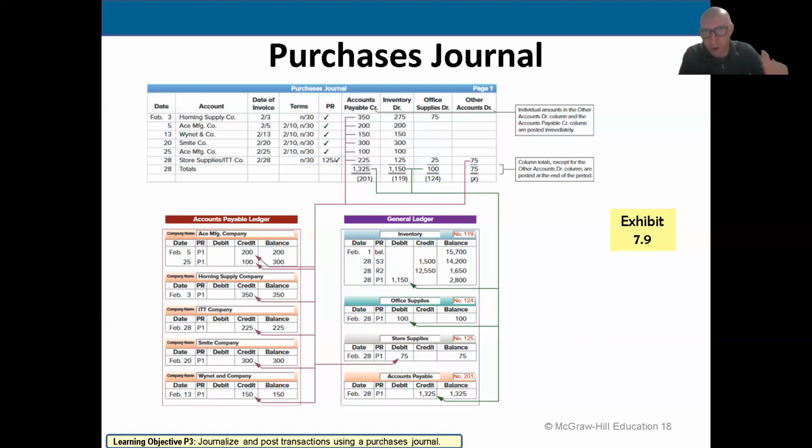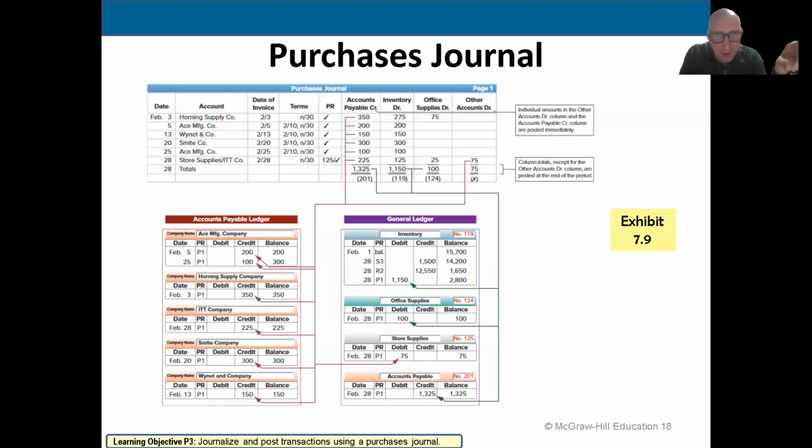It's all the individual transactions listed out. Here you see the account name, the date of the invoice, the terms, if there are any, the amount, the inventory amount, etc. It's a nice list of all those transactions.